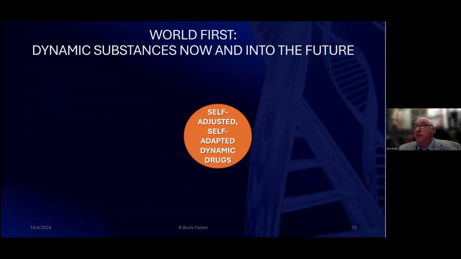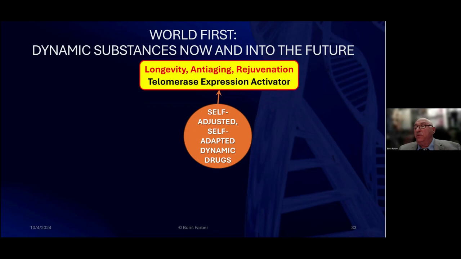I began the presentation by noting that while we are scientists today, we might be patients tomorrow. Driving our mission to enhance health and longevity, this led to the creation of a new generation of self-adjusted dynamic medical drugs, resulting in a granted patent for longevity, anti-aging, and rejuvenation.